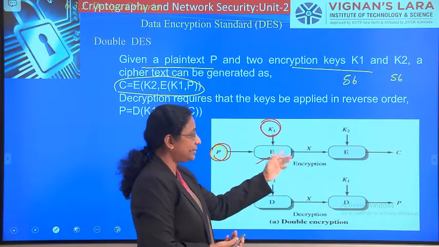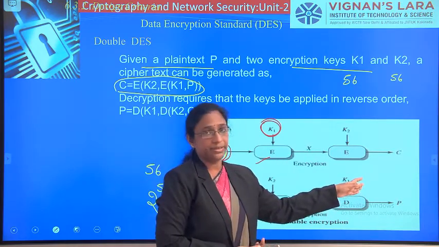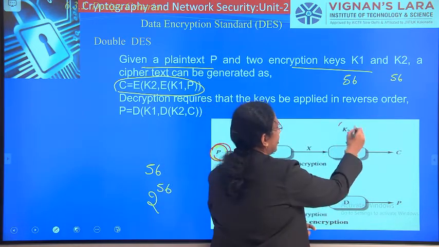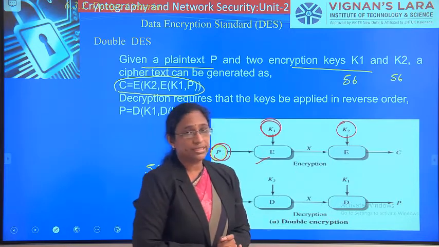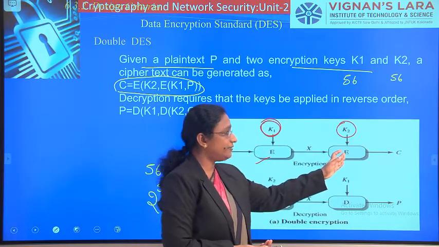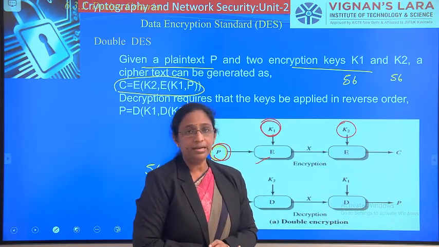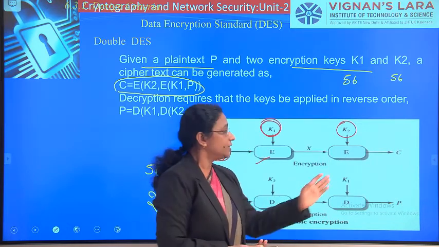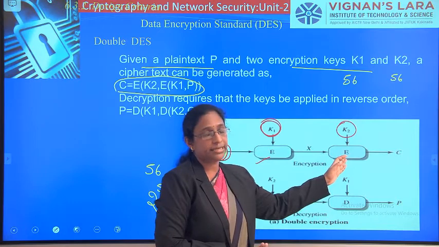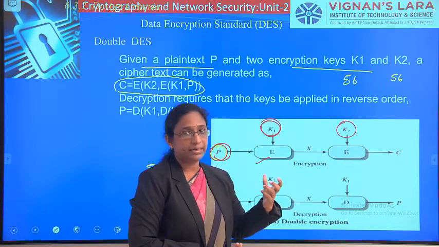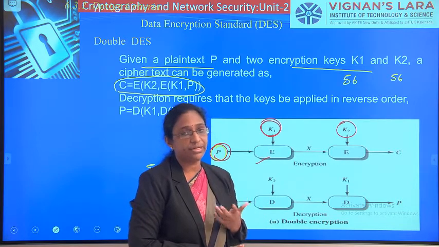Then this ciphertext X is again encrypted with the key K2, and finally we will be getting another ciphertext. Here also the DES encryption algorithm is used. So we are applying DES encryption 2 times with 2 different keys.